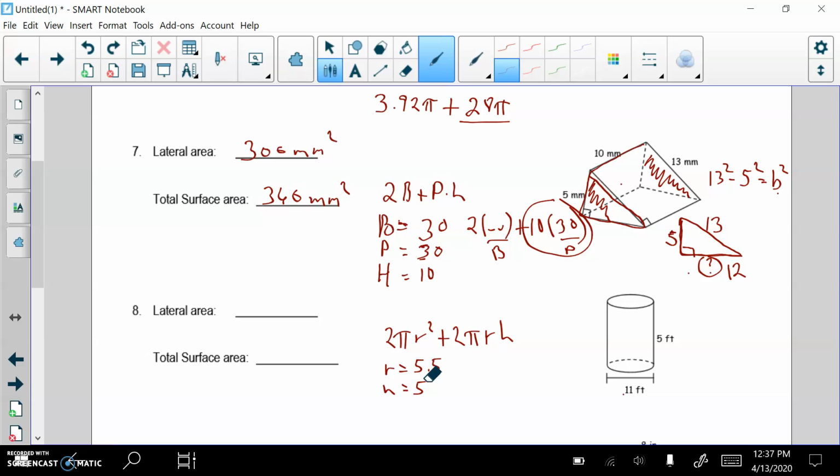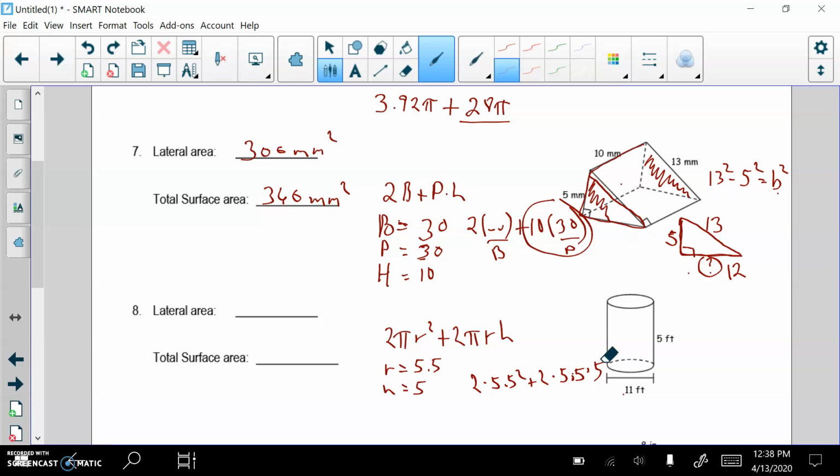So 2 times r squared plus 2 times r times h. It's really all you have to do when you leave it in terms of pi: 2 times 5.5 squared plus 2 times 5.5 times h. That's a lot of fives.